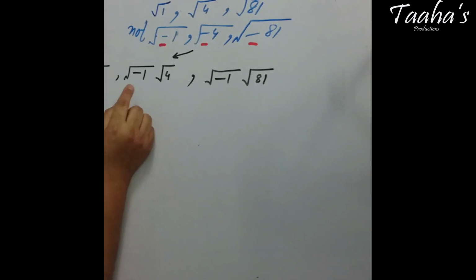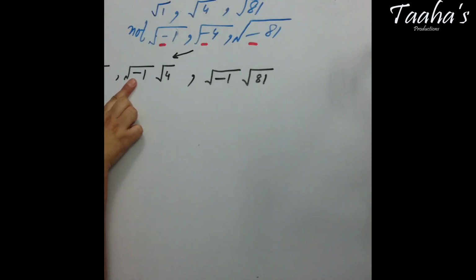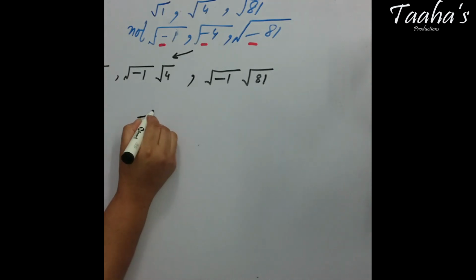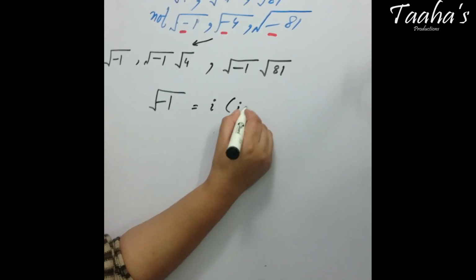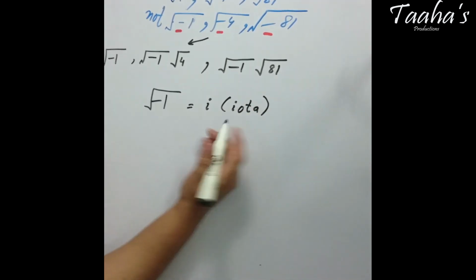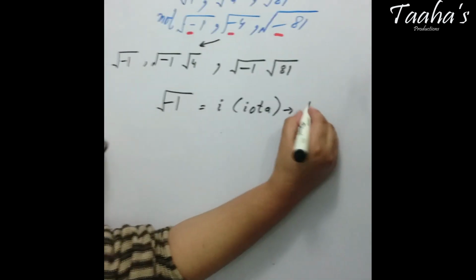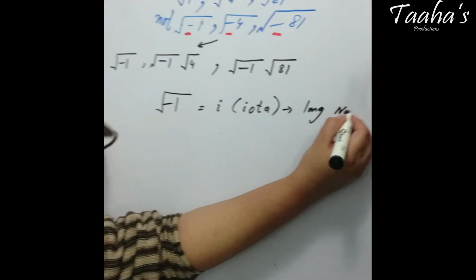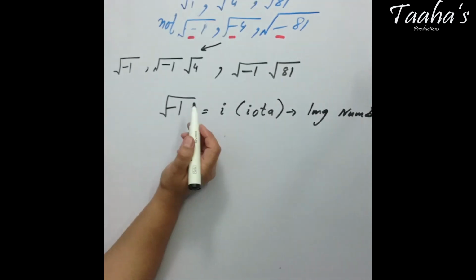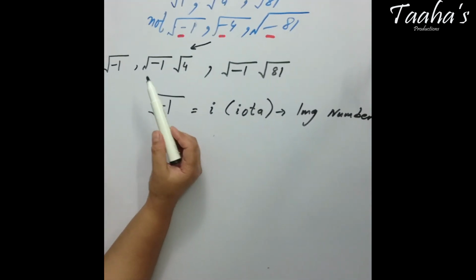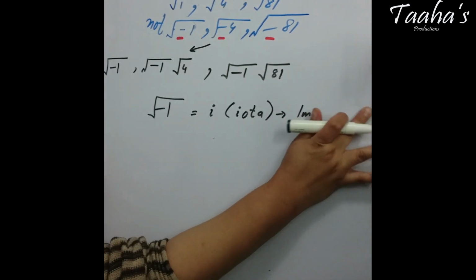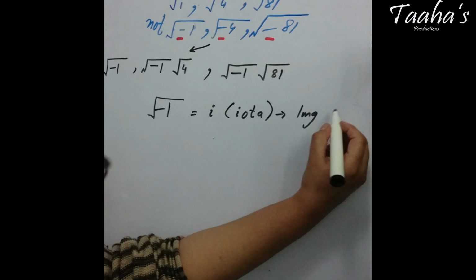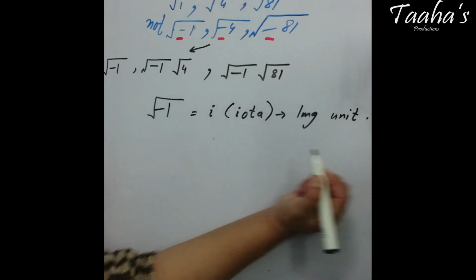they gave this square root of minus 1 a name: iota. Spelling: I-O-T-A, iota, and it shows an imaginary number. Means you have an imaginary unit, you can say not number here, you can say imaginary unit.